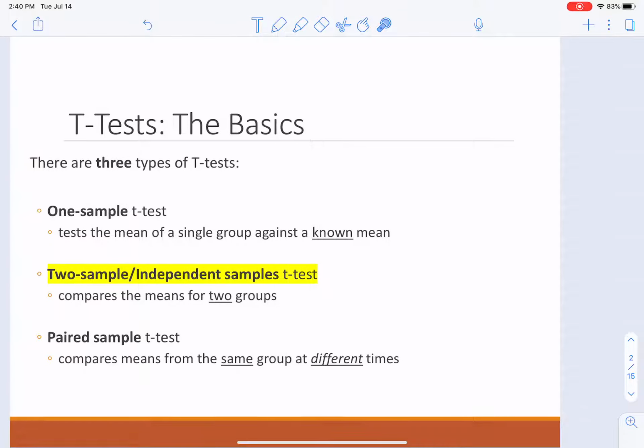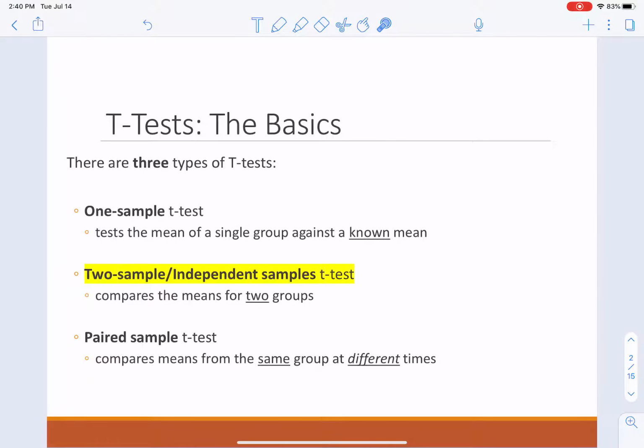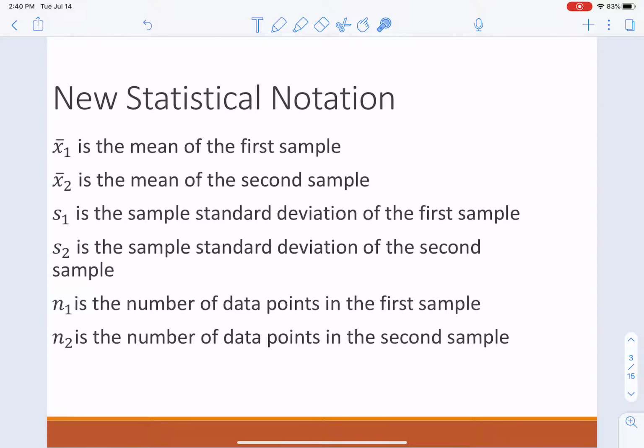Okay, so, new thing, new world, got some new stuff. Well, not too new. We just have to denote what mean came from what group, what sample standard deviation came from what group, and what sample size is associated with what group. Now, it does not matter whether you say that X bar 1 is the placebo group and X bar 2 is the mean of the manipulated group, or whatever intervention we're doing.